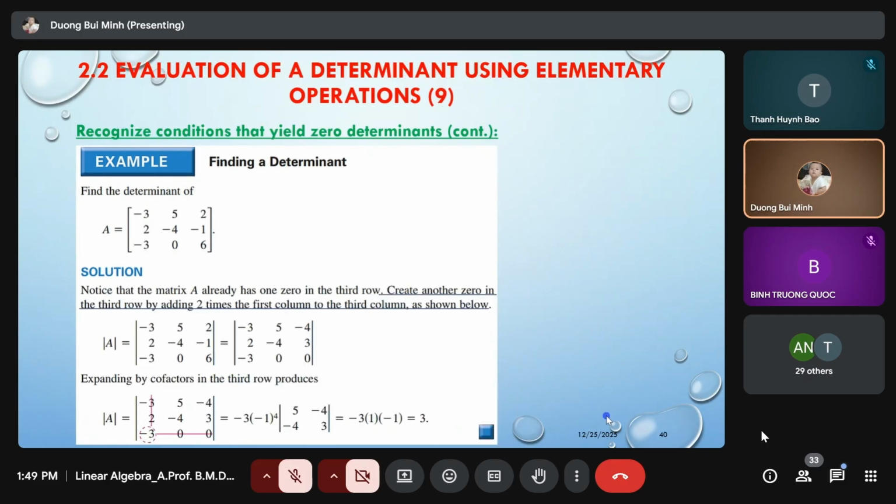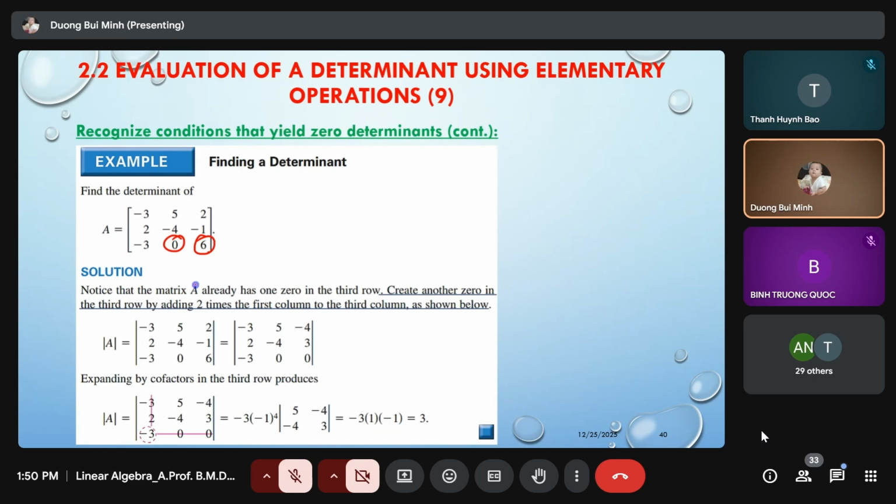Okay, so next, we have another example. It's very easy. For this example, we recognize that here we have a 0, so we would like to modify the 6 to become 0.